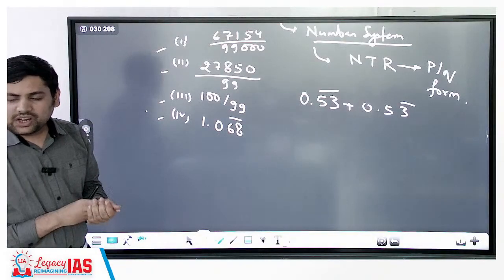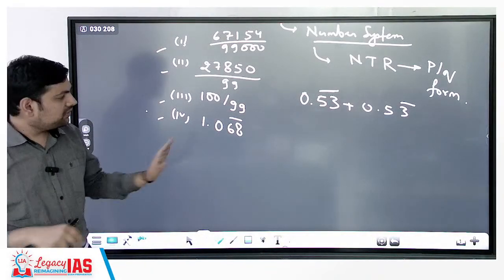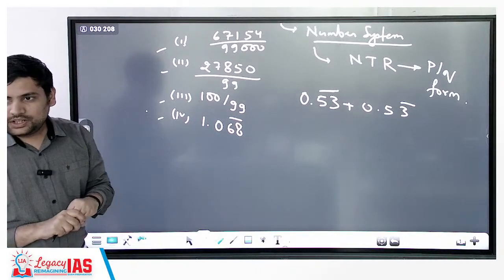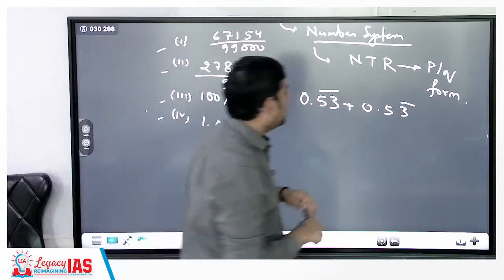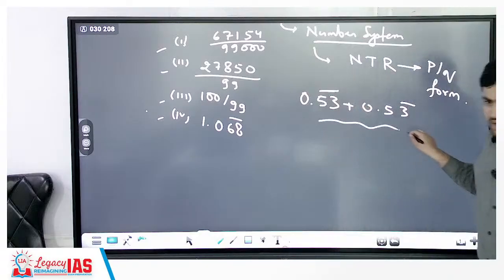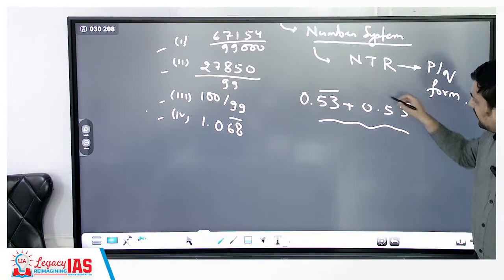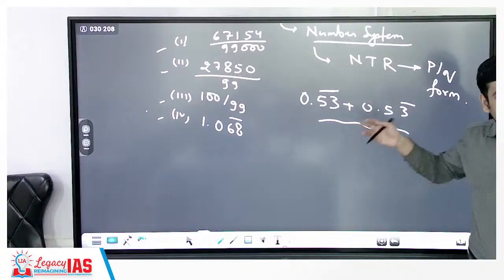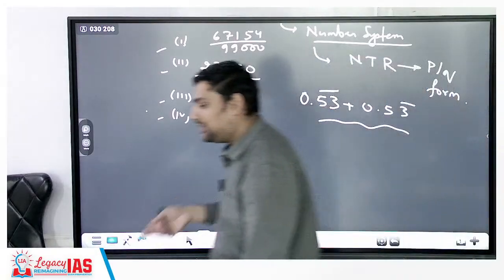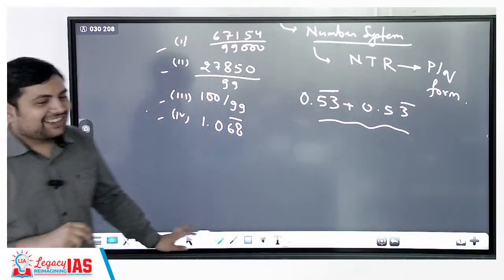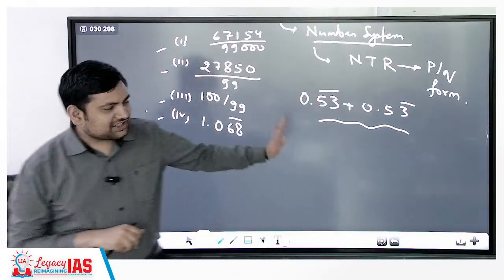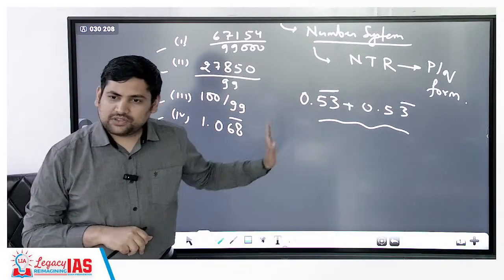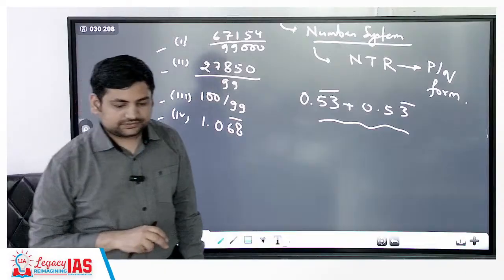You can try it. If you're getting it right in P by Q form, you will get this also. So some people have written this question wrong. That's why they might not be getting this. Some people have written 0.53 bar multiplied by 0.53 bar. So that is incorrect. This is a different thing. You write them in the same form, add them, you will get the answer.